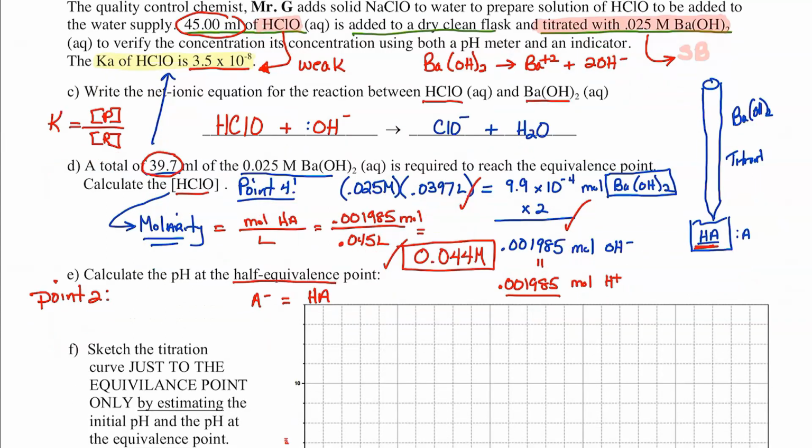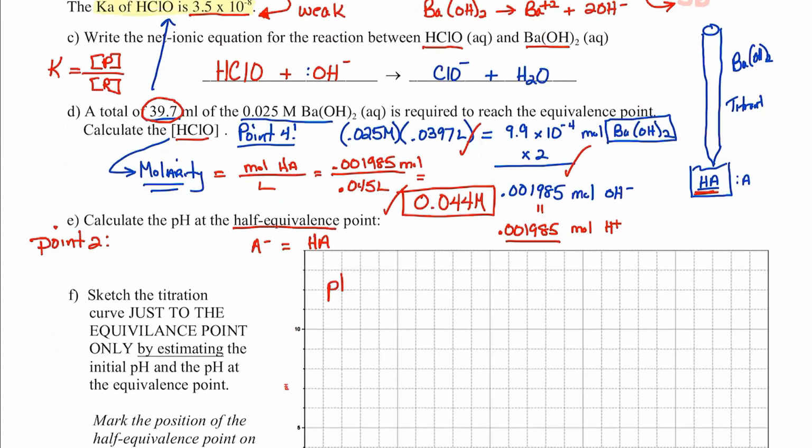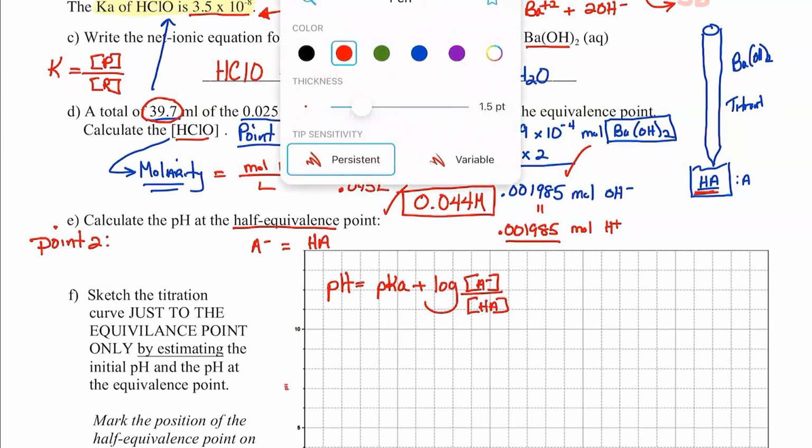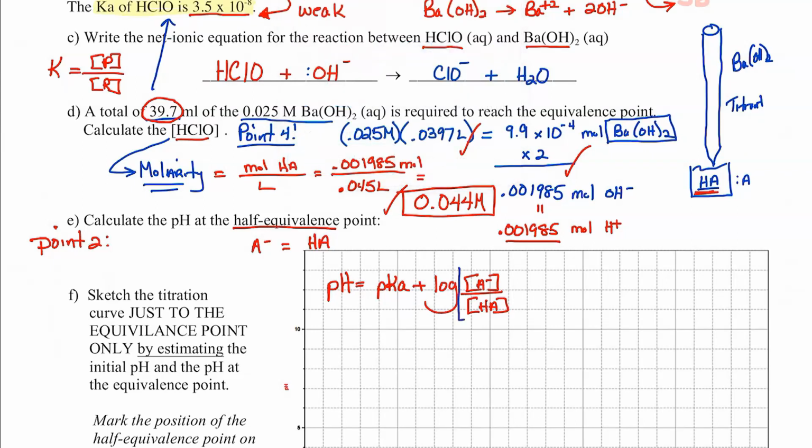So the Henderson-Hasselbalch equation, which is pH equals the pKa plus the what? Log of the concentration of the conjugate base over the concentration of the acid. Well, at the half equivalence point, where you've half driven the acid to completion, you have equal amounts of these guys. And the log of 1 goes to 0. And that means pH equals the pKa.